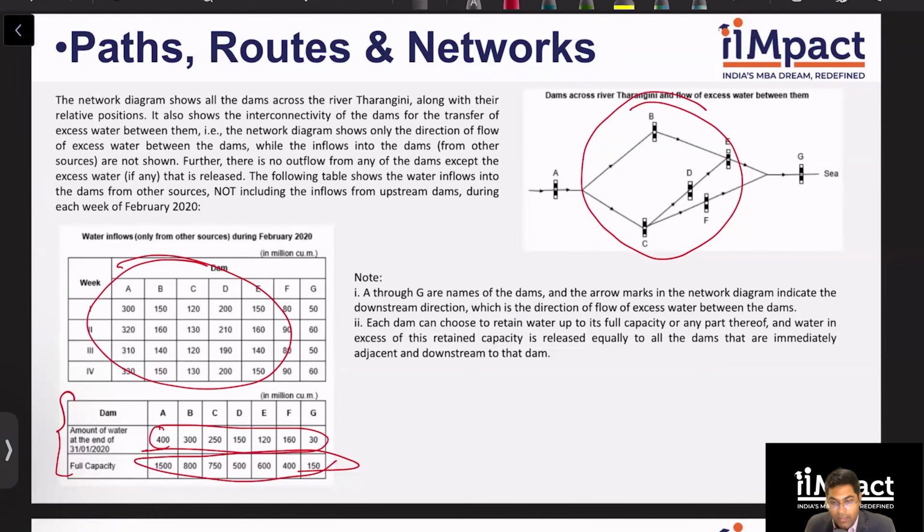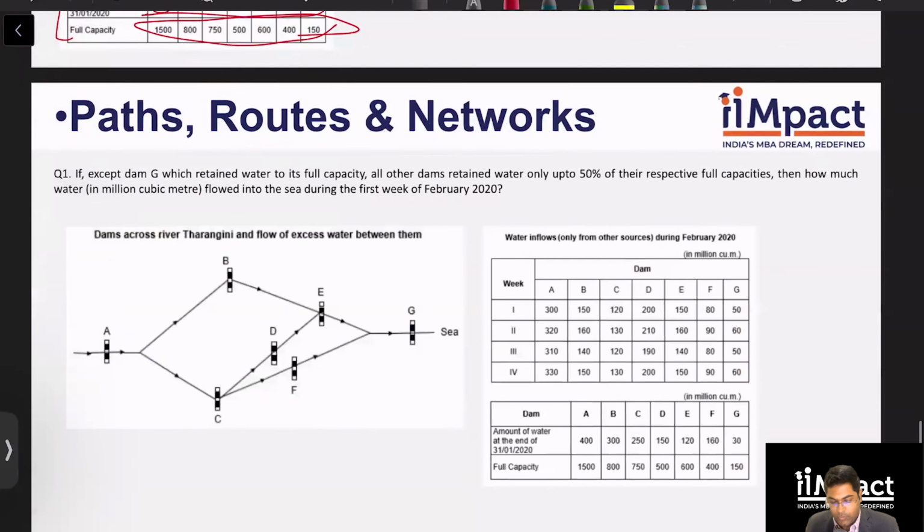I think this point number 2 is important, that if from A there is any release which is happening, it will go equally to B and C. It will not check their capacities and what excess capacity they have or not. It will be equally distributed, right? And of course, the whole network's outflow is going into the sea. Okay? Straightforward. Let's look at question number 1.